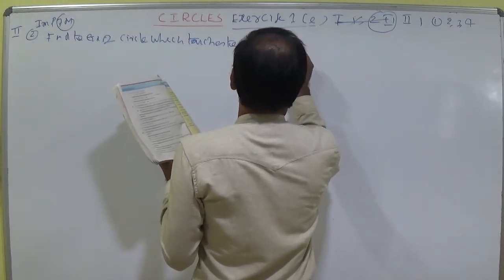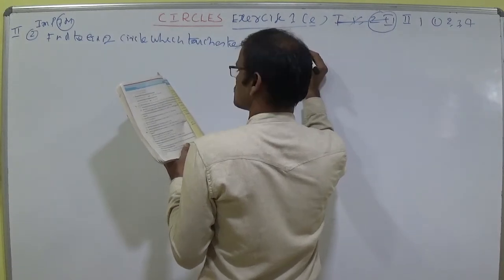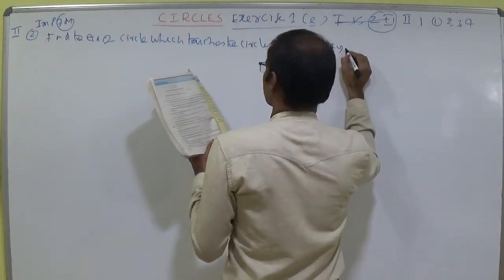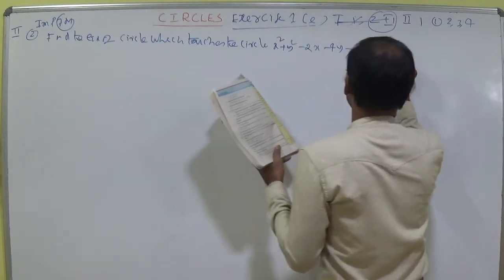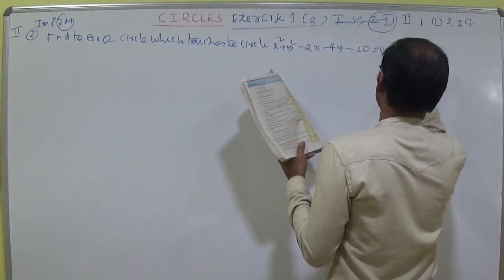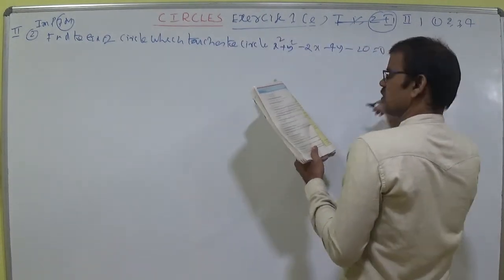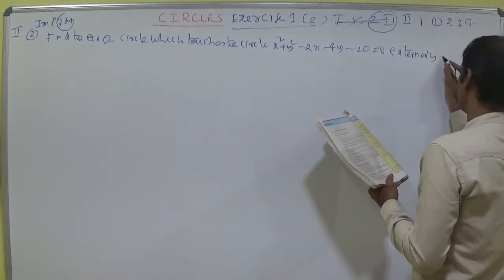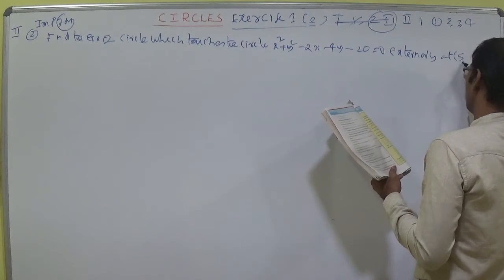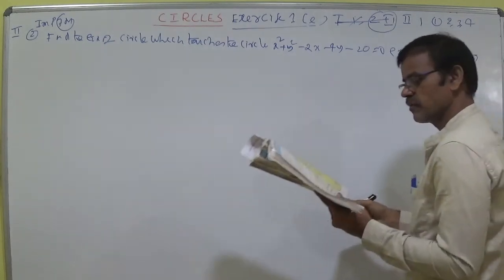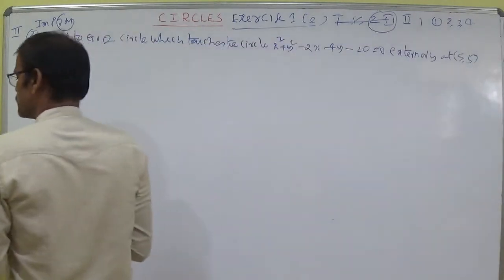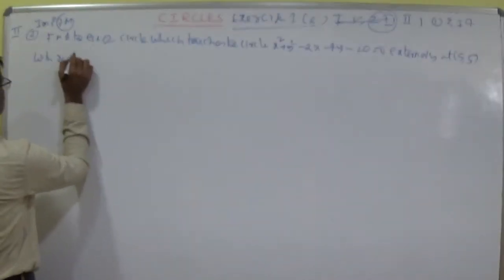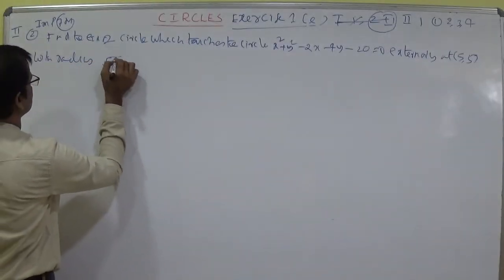Find the equation of circle which touches the circle x square plus y square minus 2x minus 4y minus 20 equal to 0 externally at 5 comma 5 with radius 5.